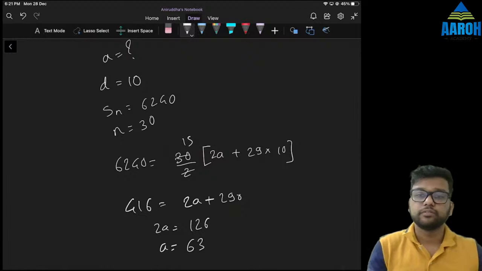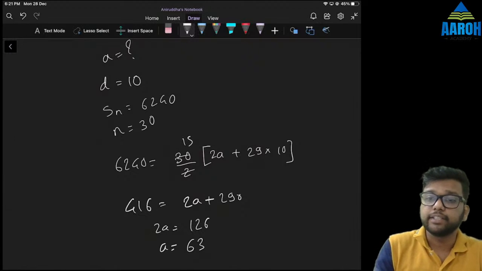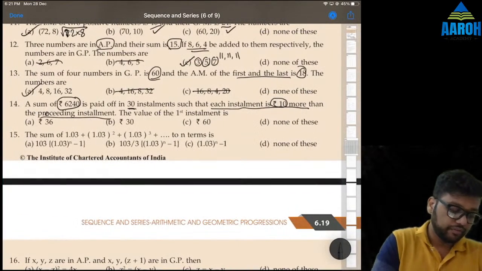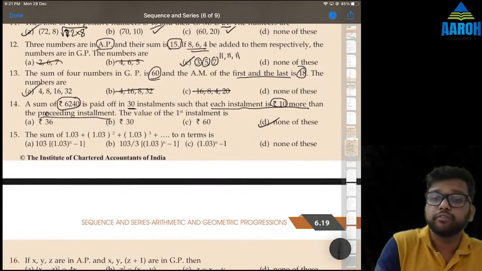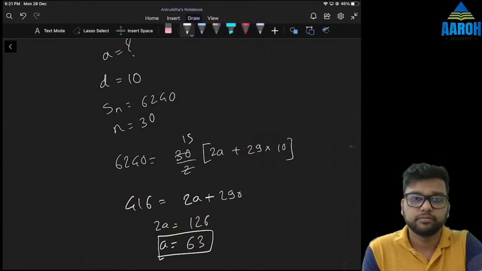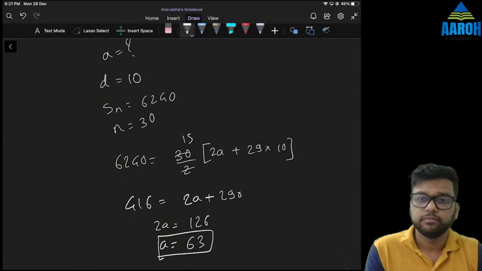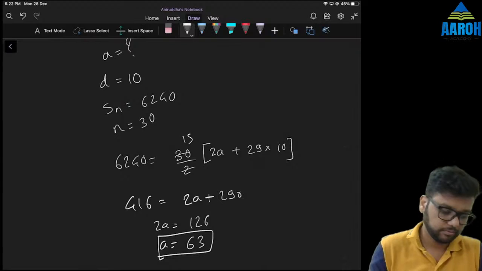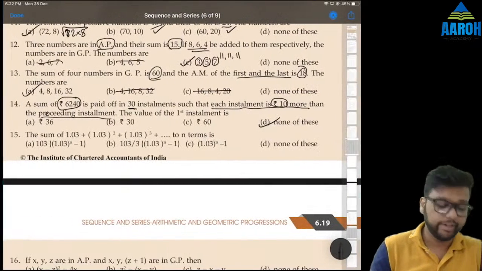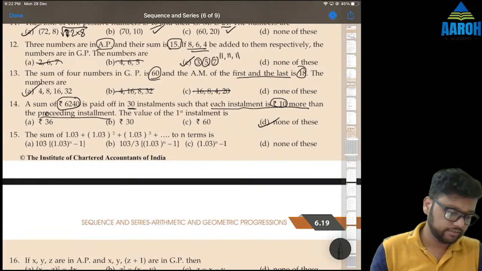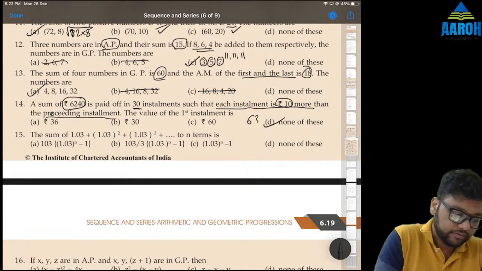Right? A we have to find. So 63, check if you are getting. Amount of first installment, that is not in the options, none of these. Check if you are getting 63. Got it? 14th. D, none of these is correct. 63 is the correct answer.